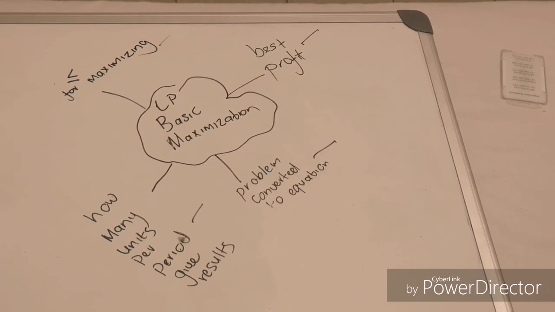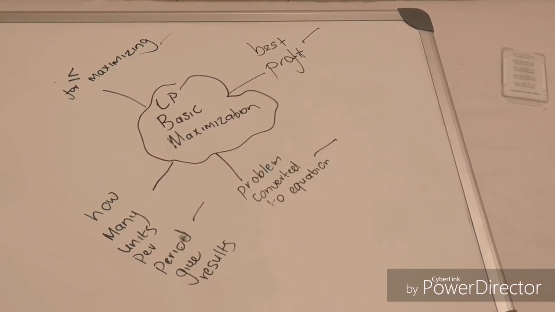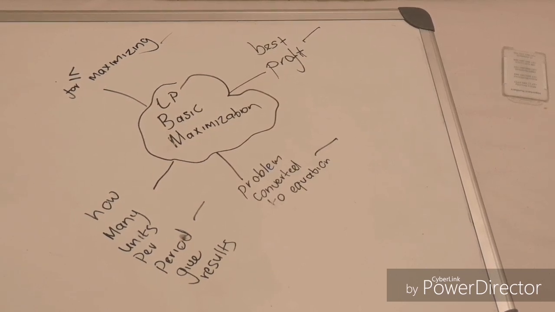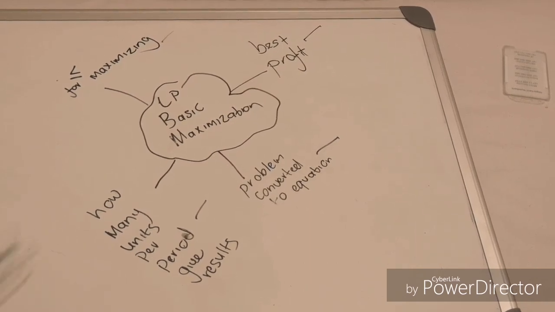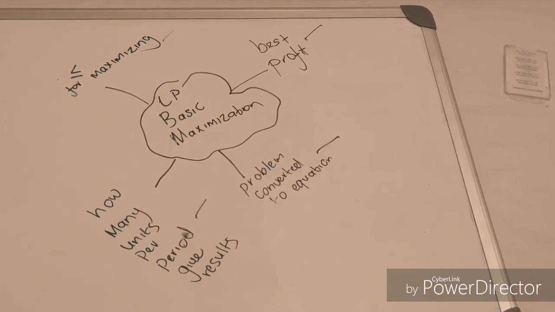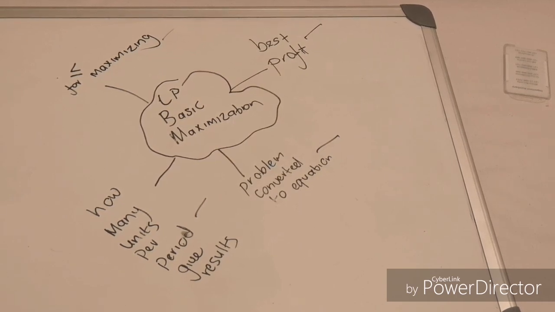So by that, you would be trying to get the maximum profit, or rather the best profit out of that system of inequalities. Now, based on the word problem, you would get how many units per period gives you a particular result, or whatever outcome you're looking for.